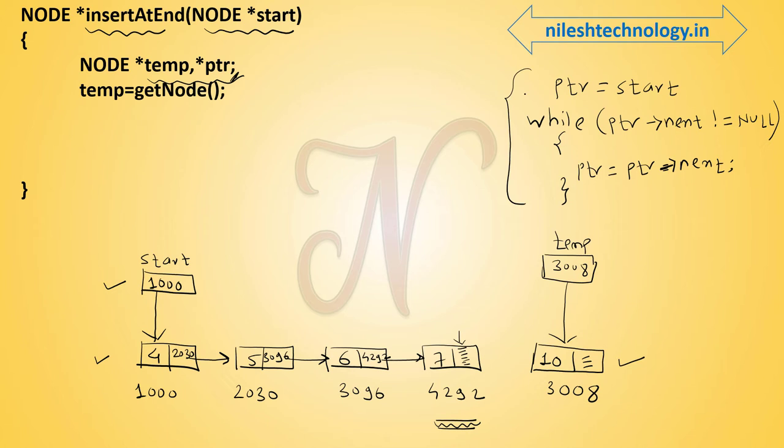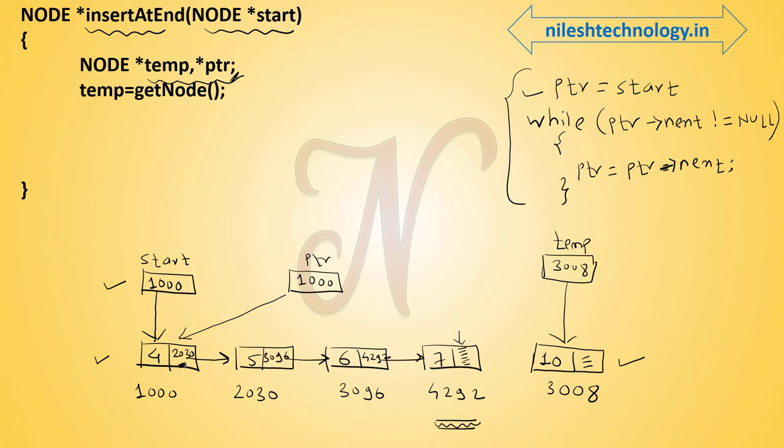See here, ptr equal to start. We draw one pointer ptr, which is pointing to the start node, so the address is 1000. Then the while loop checks ptr of next. Ptr is the node which has the value 4. Next is not equal to null, correct, because it has the address 2030.